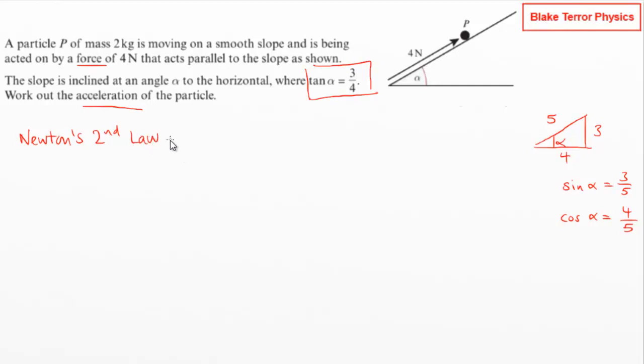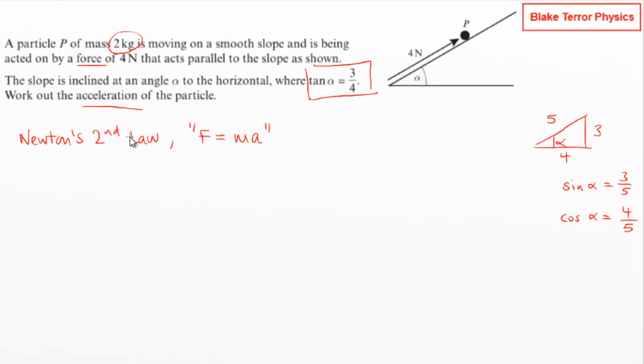So Newton's second law, we can quote F equals ma as the formula we're going to use. We can use it because the mass is constant. It's just staying here at 2 kilograms. Remember, force is actually the rate of change of momentum, so that reduces to F equals ma if the mass is constant, which it is in this case.